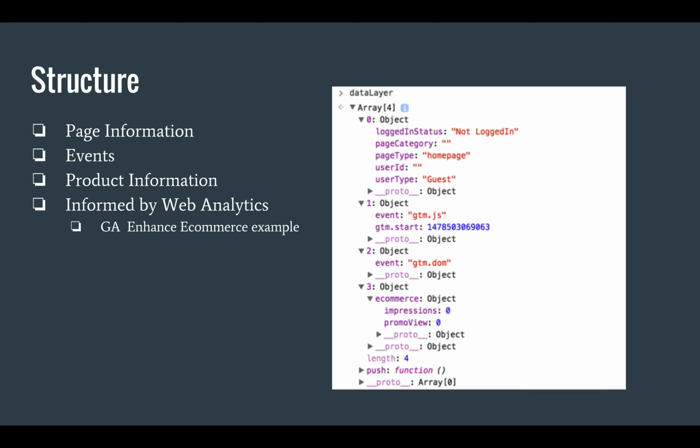impressions of different products. One thing to note, the structure of your data layer is going to typically be informed by the web analytics platform that you're using. A really good example of this is Google Analytics, which I know a lot of people use, and their enhanced e-commerce capabilities.